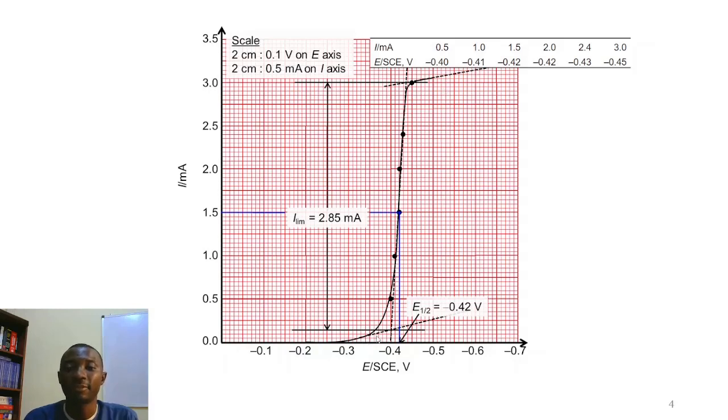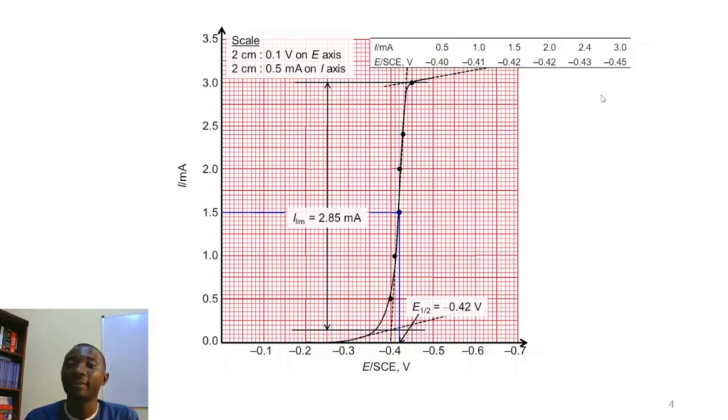Then I extrapolate from the base of the curve where the curve begins to rise, and then I do the same thing at the upper point. Then I draw a straight line across the point where the curve is more or less constant. I trace that point to the vertical axis, both upper and lower limit. I take the difference between these points to give the ILM, which is 2.85 milliamperes.